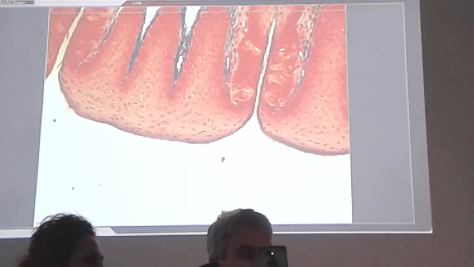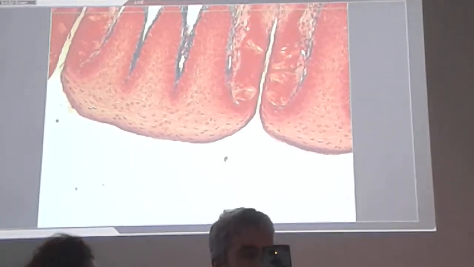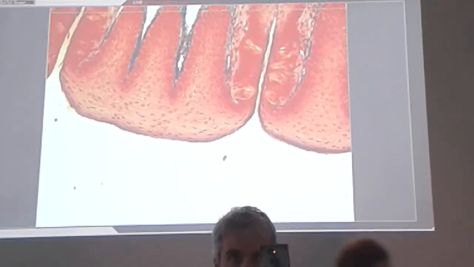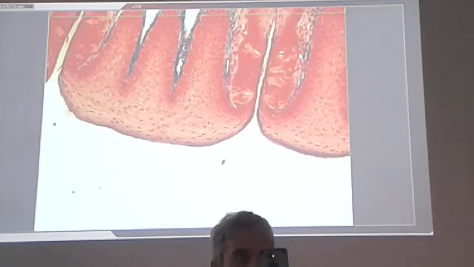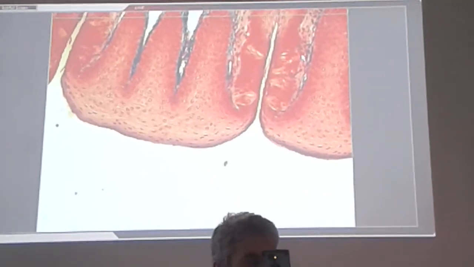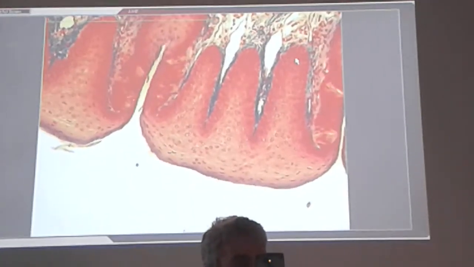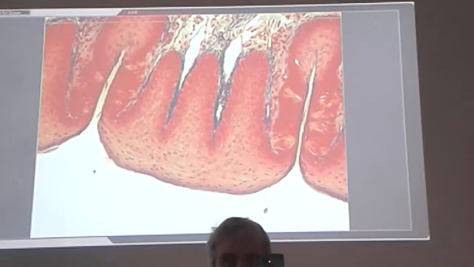Still, we are observing the stratified squamous epithelium, but within this stratified epithelium we have the special taste buds, and that's why the foliate papilla is very common with its rectangular shape.